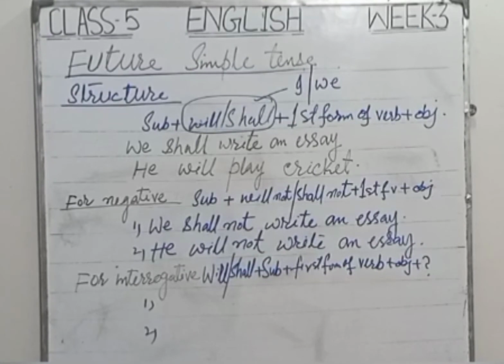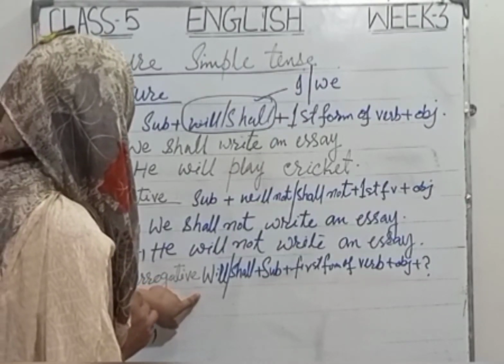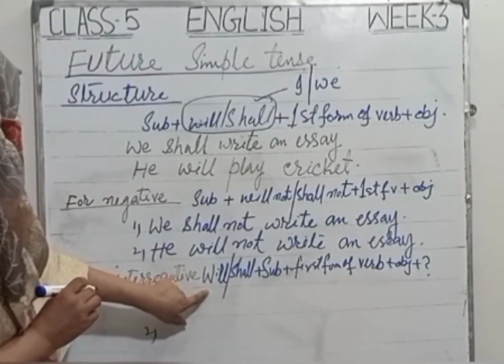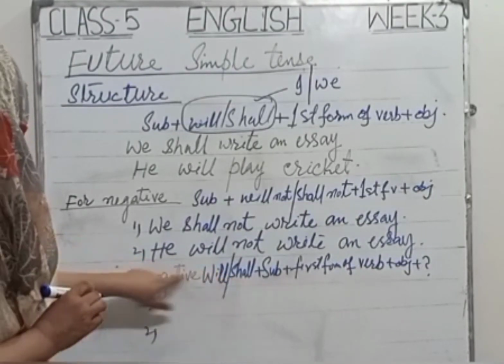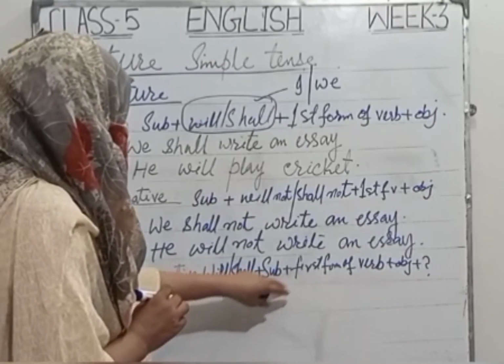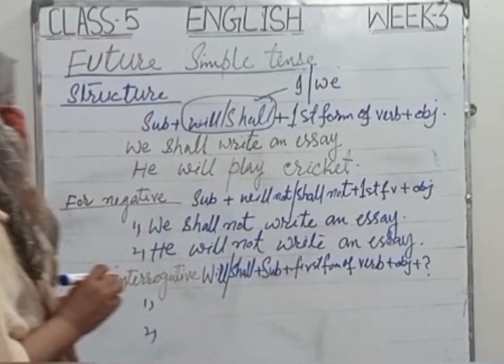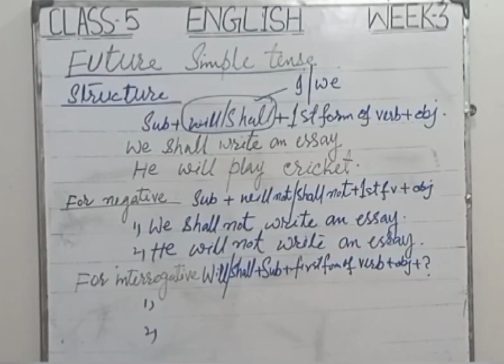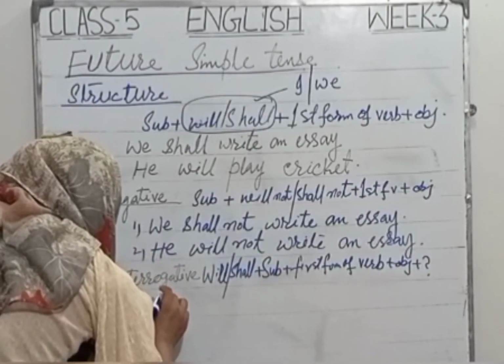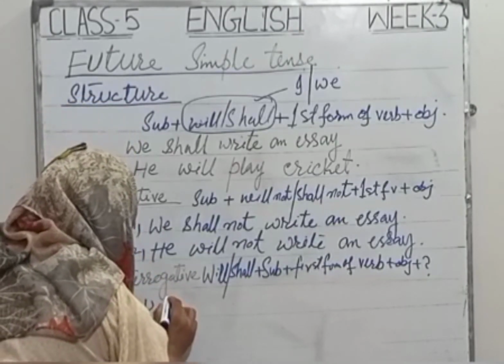Now, next is for interrogative sentence. If you want to make an interrogative sentence of future simple tense, the auxiliary verb will or shall will come at the beginning of the sentence. Then you will write subject, first form of verb, object, and at the end of the sentence you will mark the sign of interrogation. Let's look at the first sentence.